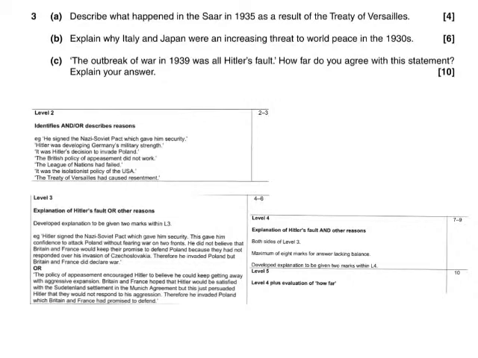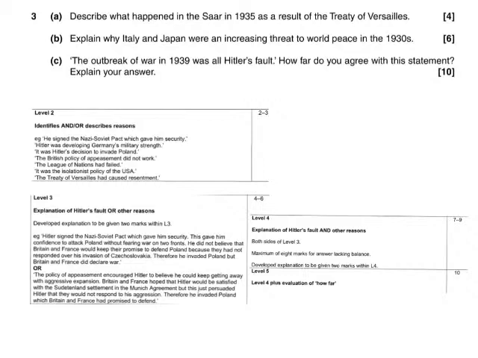Okay, and we can tell what we need to do just from the way that the question is phrased. We've got a how far statement and we've got to explain our answer. The outbreak of war in 1939 was all Hitler's fault. Often you'll be given a statement and then it says how far do you agree with this statement.